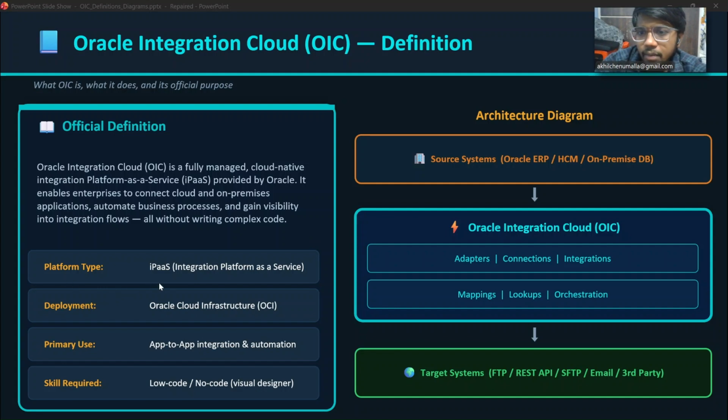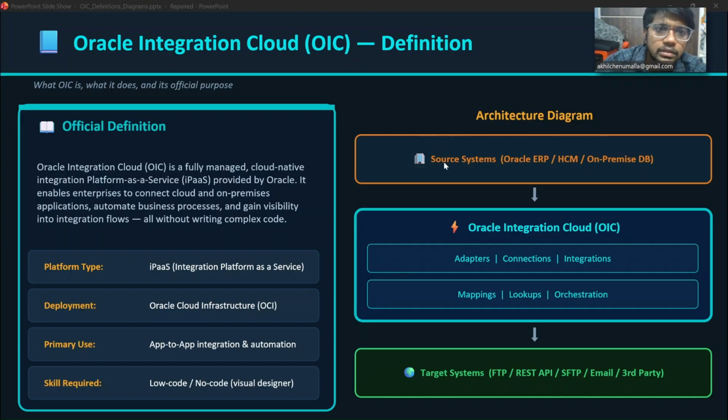The platform type is integration platform as a service. You need to remember this. Deployment is Oracle Cloud Infrastructure. Primary use is app-to-app integration and automation. It offers low-code, no-code with a visual designer.